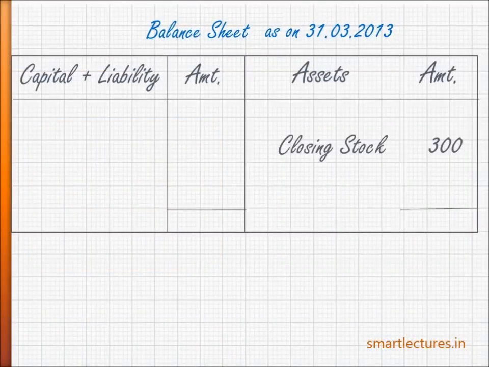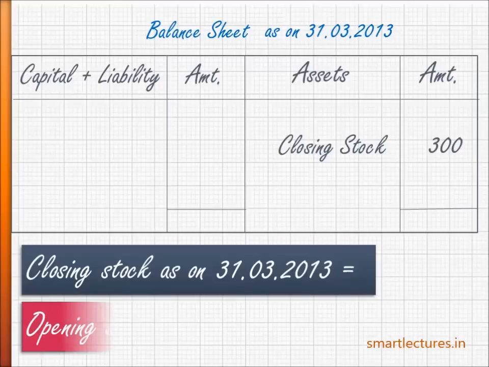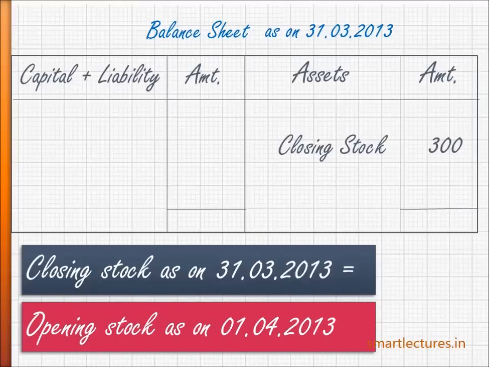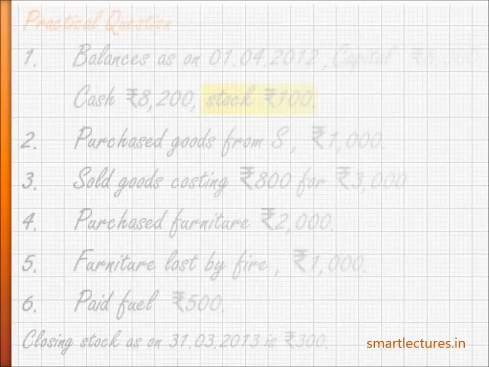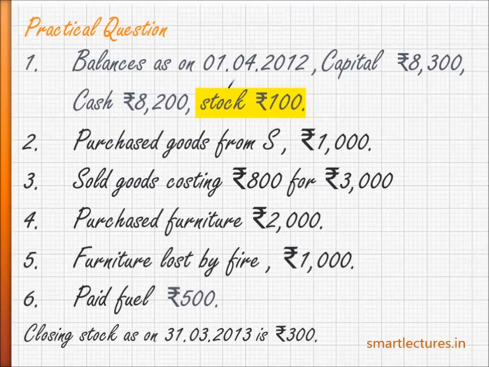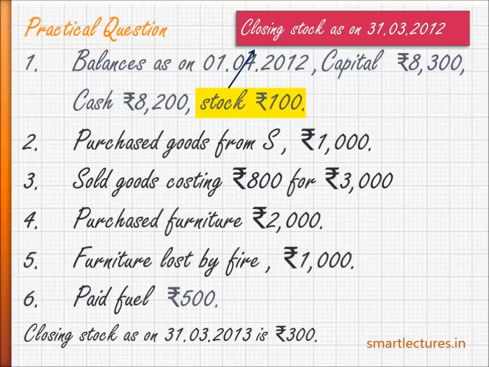But the same closing stock, as on 31st March 2013, will become the opening stock for the next year, the starting of the next year, which is 1st April 2013. So closing stock of rupees 300 as on 31st March 2013 will be equal to opening stock as on 1st April 2013. So in this question, I have taken the opening stock as on 1st April 2012, 100. It means this was the closing stock of 31st March 2012.